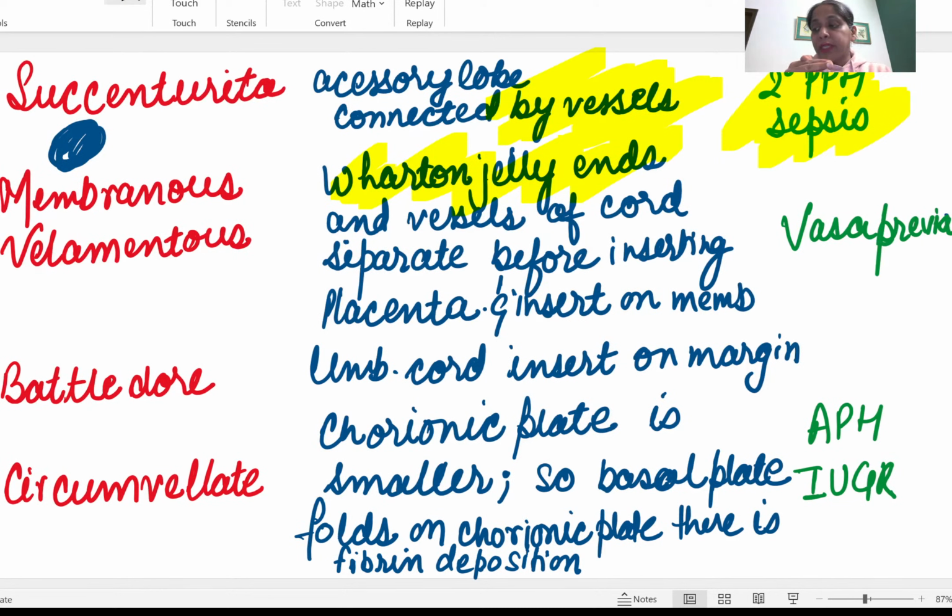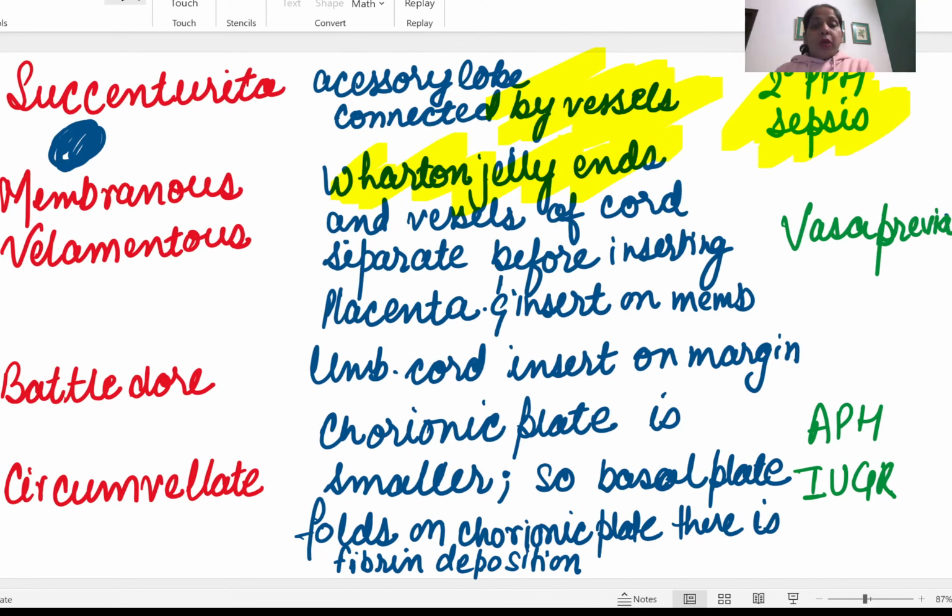If on the ultrasound we come to know that only one artery is there, single umbilical artery is written on the fetal well-being ultrasound, then the fetus has high chances of congenital anomaly, and it is seen only in about 1% of cases.